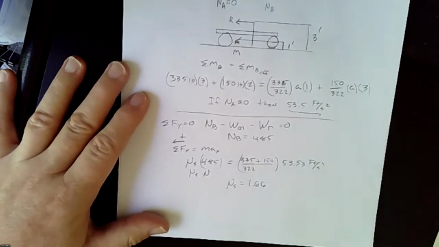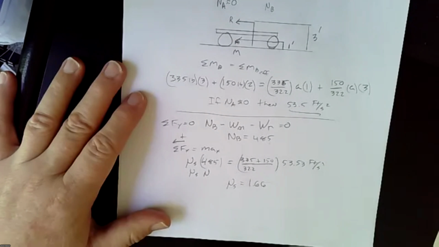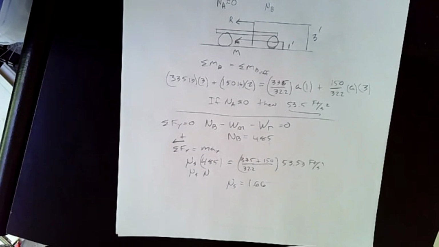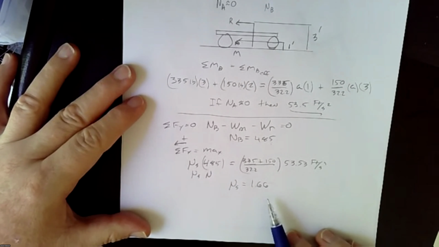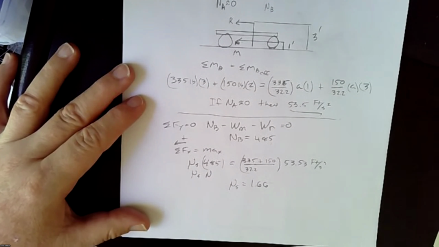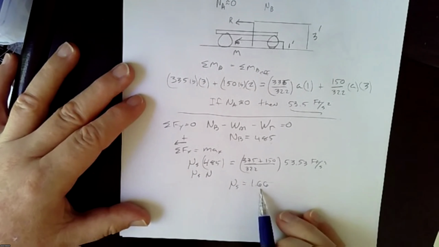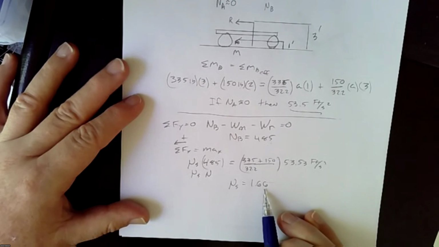So remember, the original question, as it was asked, was determine the largest coefficient so that the rider won't tip, or won't leave the ground. So the only way that the wheel will not spin, just basically sit there and burn out, is if you have a friction coefficient of 1.66.